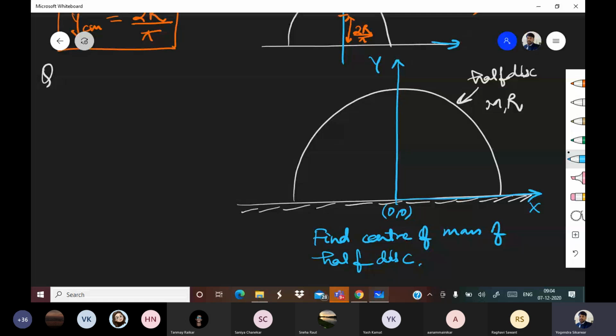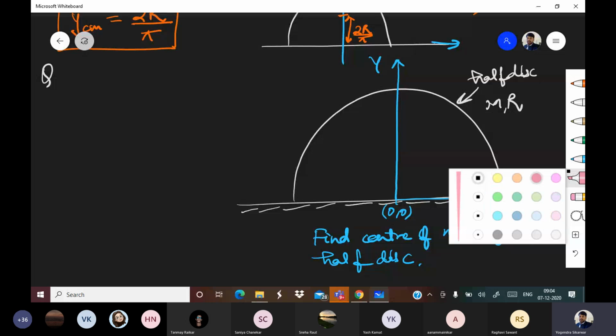Okay, everyone, please pay attention. See, in the last question, we took an element on the ring, correct? Because mass was only on the circumference because it was a ring. But this time we have a disk. Now, what is the significance of a disk? Let me tell you and show you.